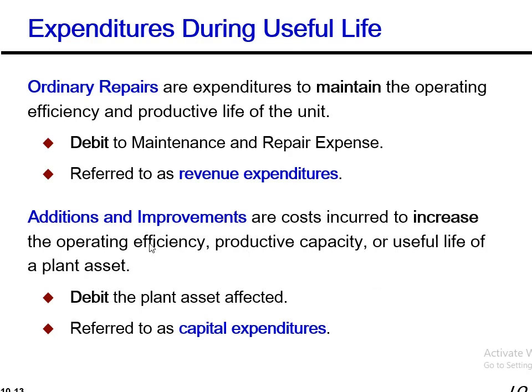So these additions and improvements, because they increase the life or they increase the efficiency or they increase the productivity, so we add them into the cost of the asset itself. So we debit them, we add them into the plant asset which is affected.